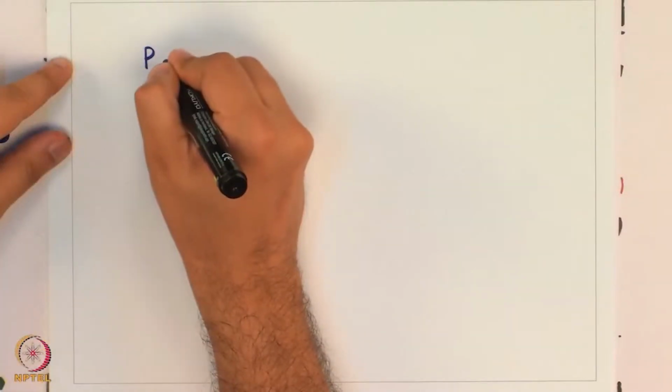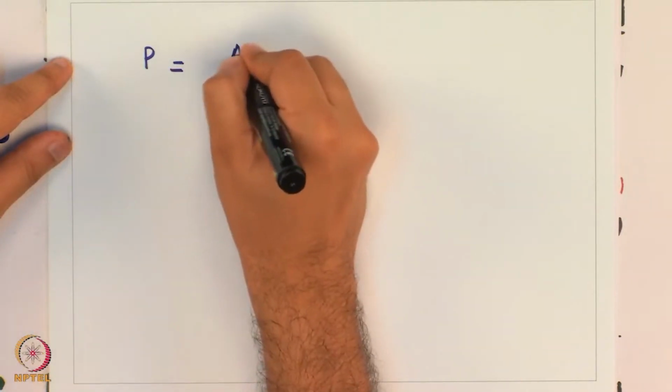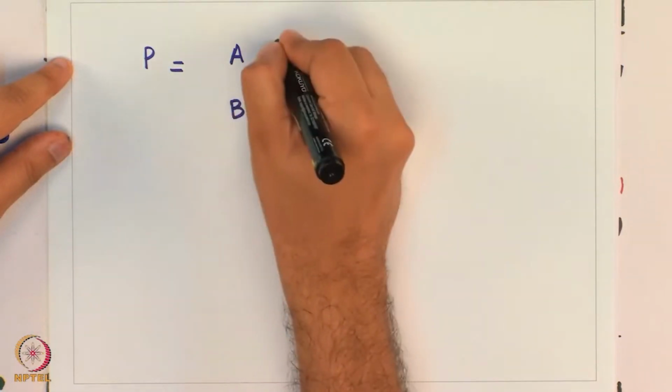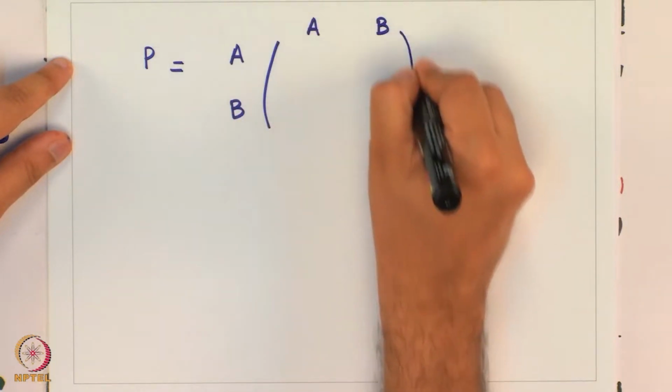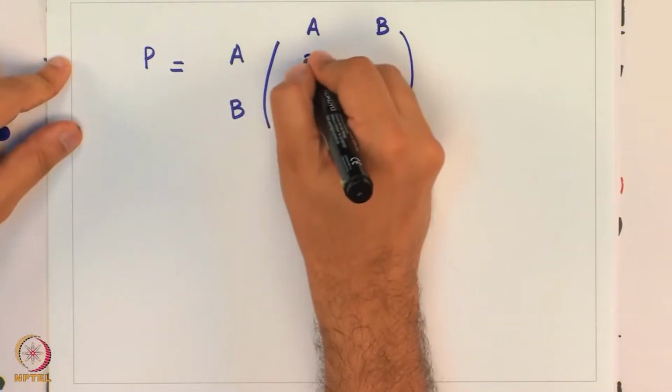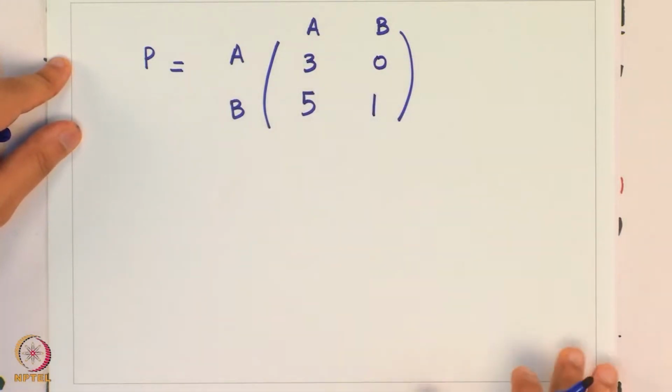Let's just do a quick example matrix to make this concrete, and let's imagine that my payoff matrix P is given as the following: 3, 5, 0, 1.